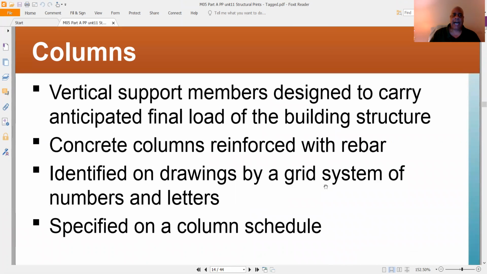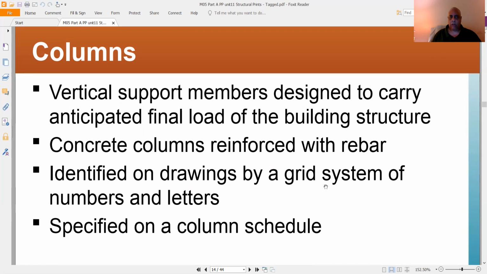Now we get into columns. Your columns are basically vertical support members designed to carry the anticipated final load of the building structure. And you have concrete columns. They're basically reinforced with rebar.